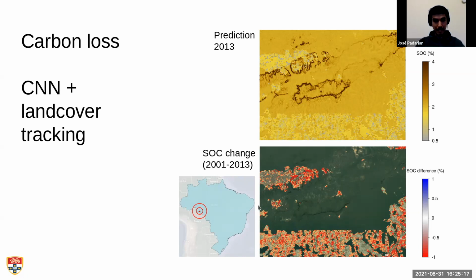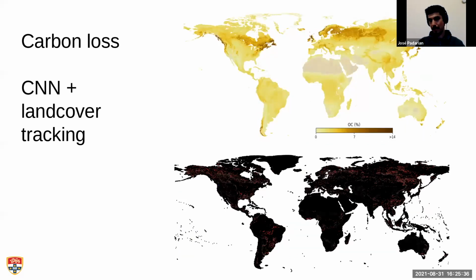Here you can see a small example in Brazil, where you have the change between the year 2001 and 2013, and agricultural areas expanded, and you can see mostly red colors here, which means that there's a loss in soil organic carbon. And we apply this to the world as well. We have a global model to do this. It's hard to see, but there's a lot of red colors there, red pixels, sorry.